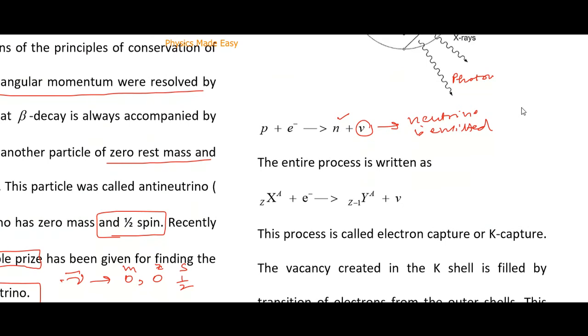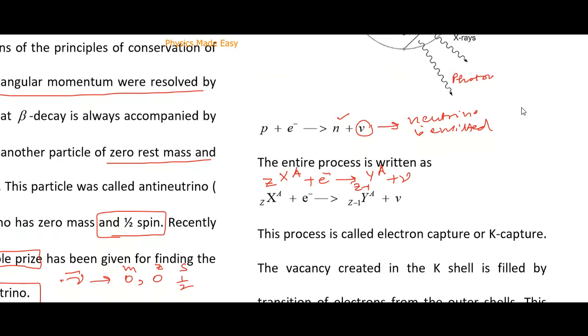Now, this is the general equation for the entire process: ZXA captures an electron and finally what we get is YZ-1A plus neutrino. Neutrino is emitted.